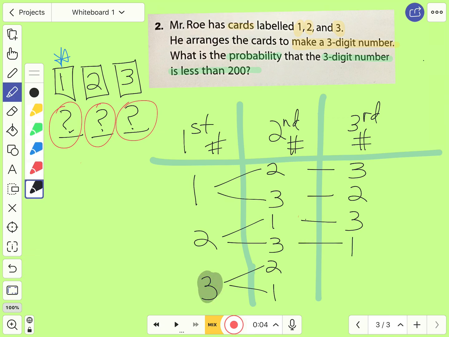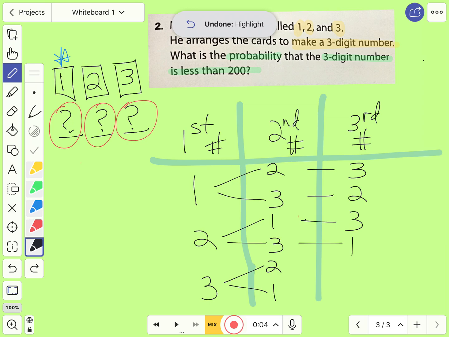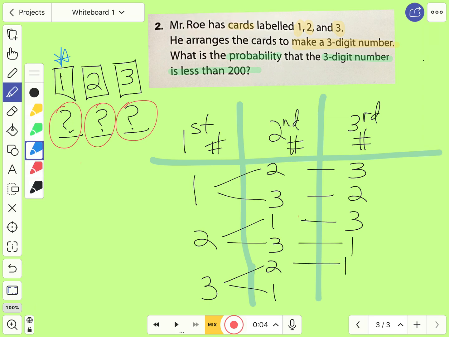If my first card was a 3 and my second card was a 2, the third card would have to be 1. If my first card was a 3 and the second card was a 1, my third card has to be the 2.